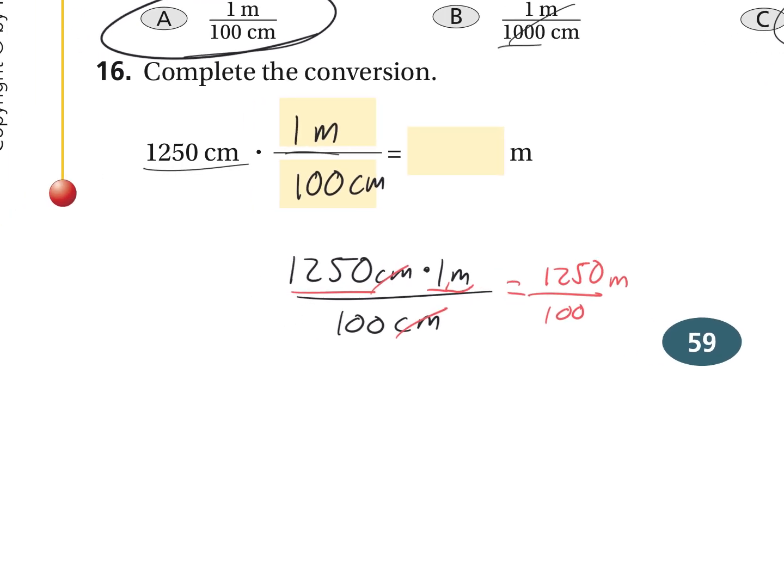Let's actually try this. If you can't do it quickly, then do your long division. So 1250 divided by 100: 100 goes into 1250 once so far. And then 250, bring down the 0, goes into 250 twice.